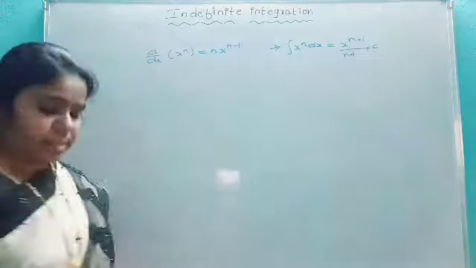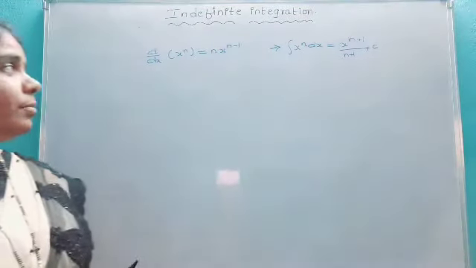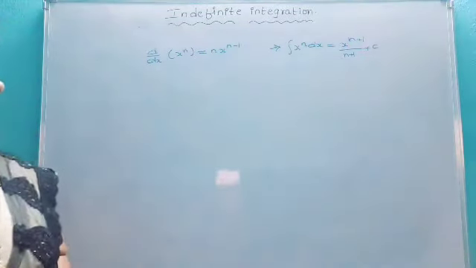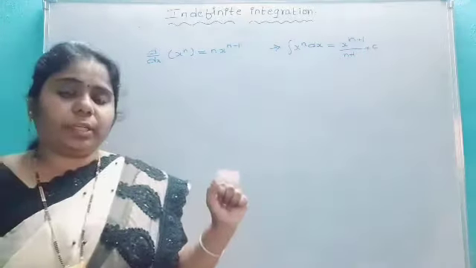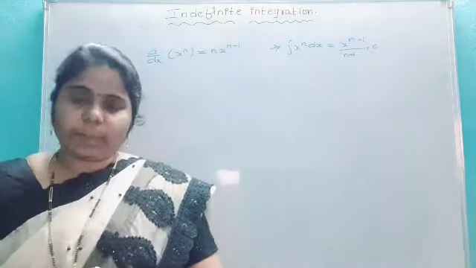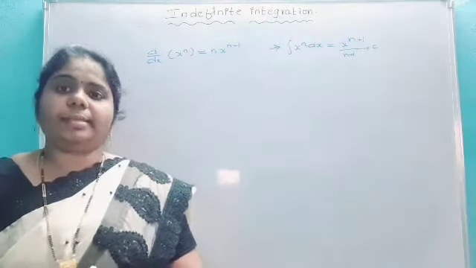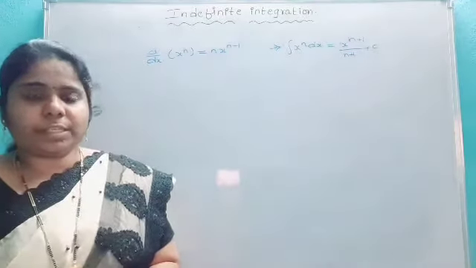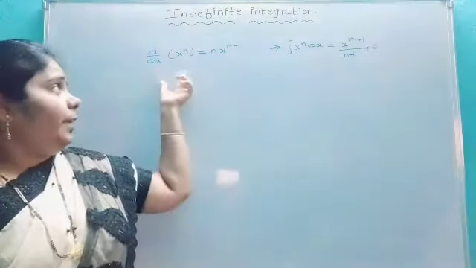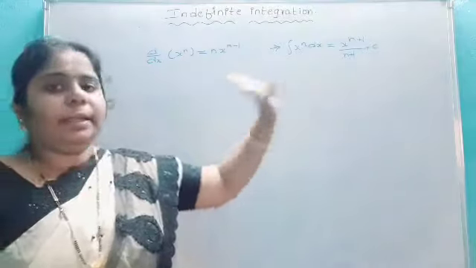This is the integration and differentiation formulas. I said in the first video too: what is the definition of integration? The reverse and inverse process of differentiation is called integration. That means when we take the differentiation, from that we get the integration.